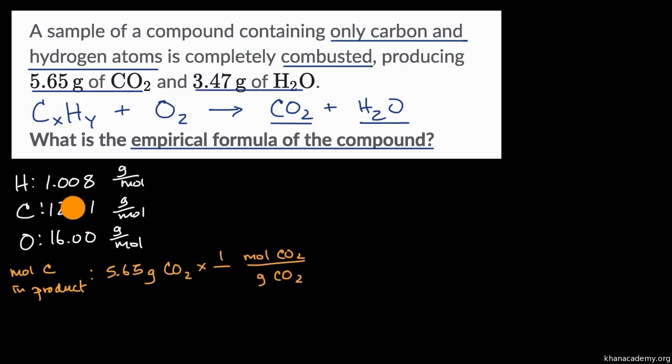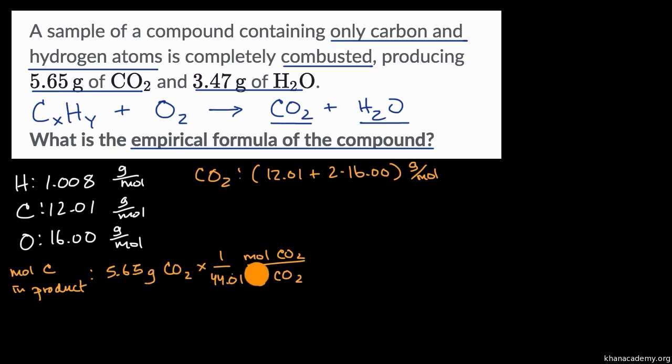Well, CO2 has 1 carbon and 2 oxygens, so it is going to be 12.01 plus 2 times 16.00 grams per mole. This is 32 plus 12.01, so that is 44.01 grams per mole. But now we're thinking about moles per gram, so it's going to be 1 over 44.01.